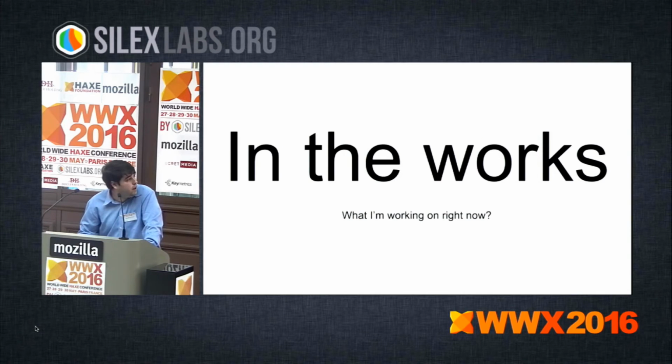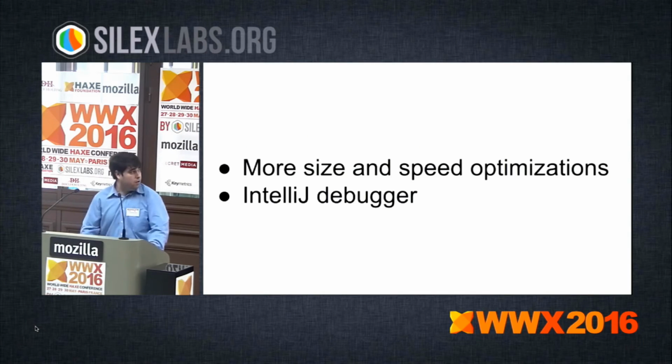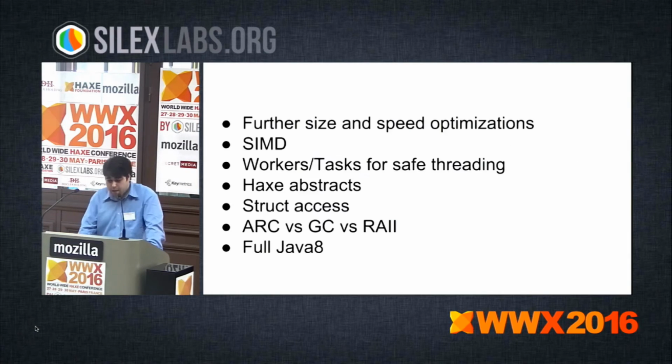So right now I'm working on size and speed optimizations, and I'm also working on an IntelliJ debugger, so you will be able to debug the output directly in IntelliJ. And in the future, I will continue with optimizations.